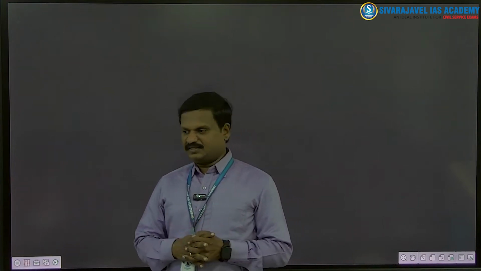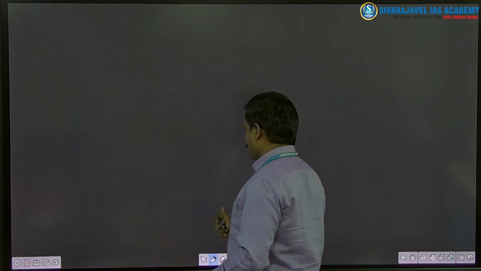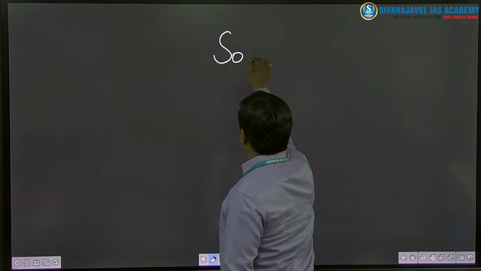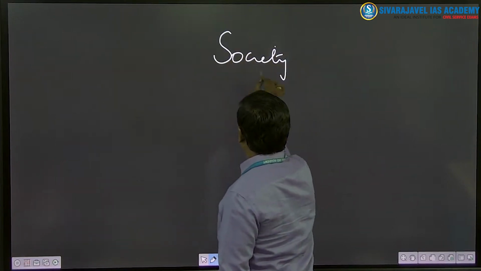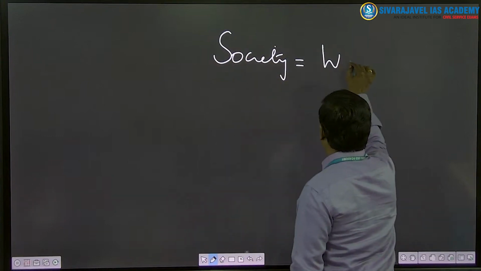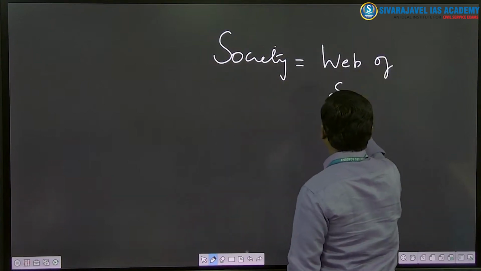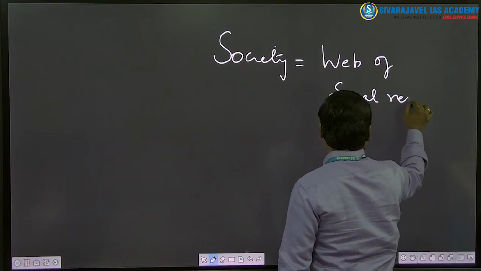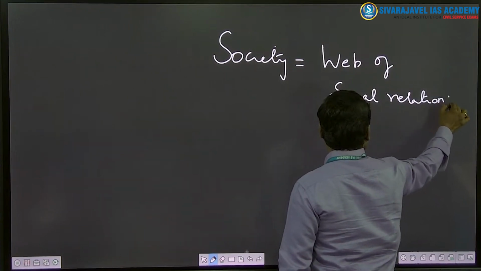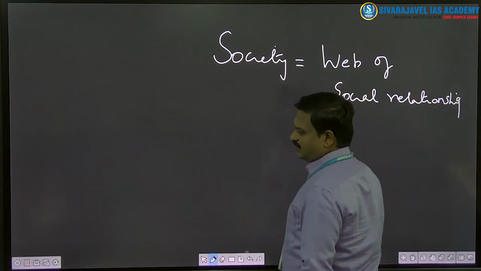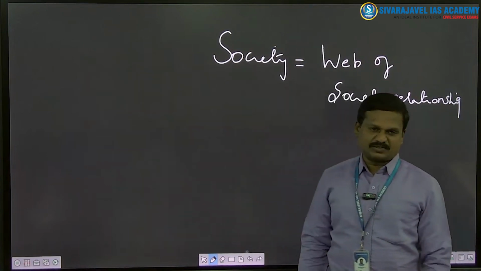Now, in today's class, we will be discussing some important concepts connected to the types of society and social stratification. Already we have seen what society is. Society is nothing but a web of social relationships. So it is not just the presence of human beings that makes it a society.